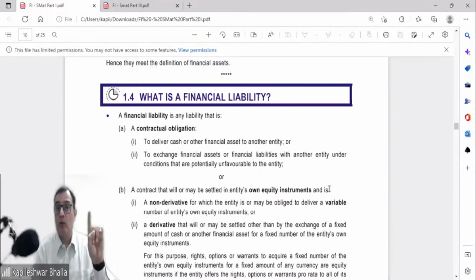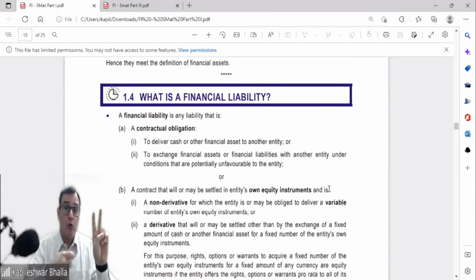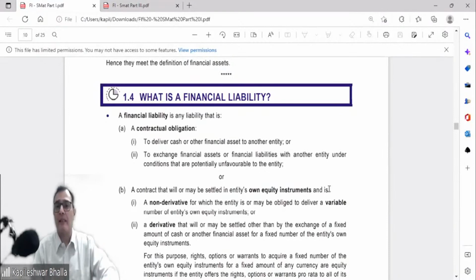One is cash. The other is that the company uses its own equity instruments, its own equity shares, to settle an obligation. In other words, the company uses its own equity shares as a currency note to discharge the obligation.